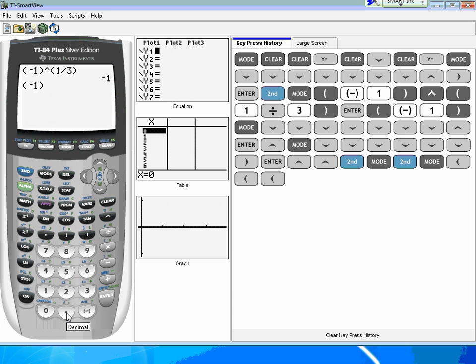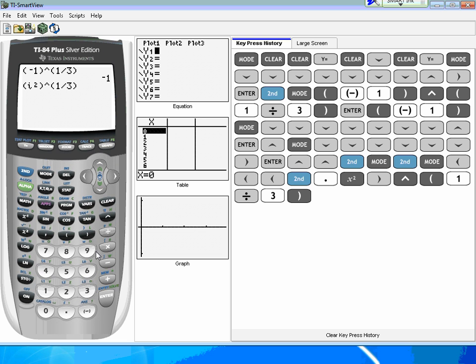Well, it's right down here on the decimal button. But first we have to hit second decimal i squared. And then we can do that instead. And you can do cube root, but I think it's faster and easier just to say x to the 1/3. And let's see what happens.